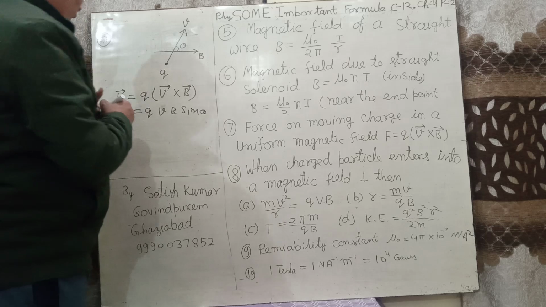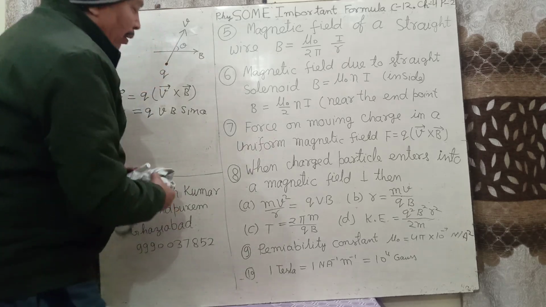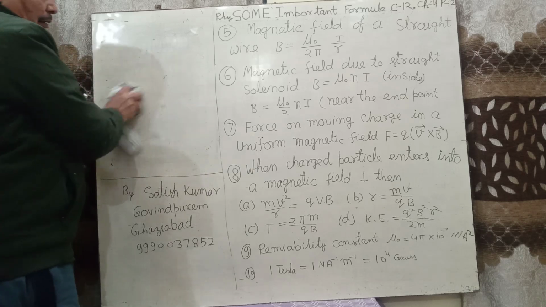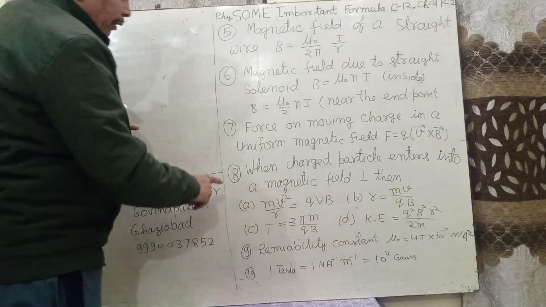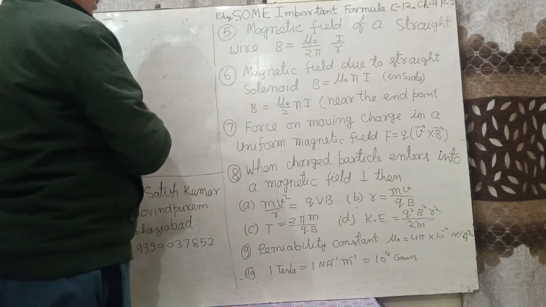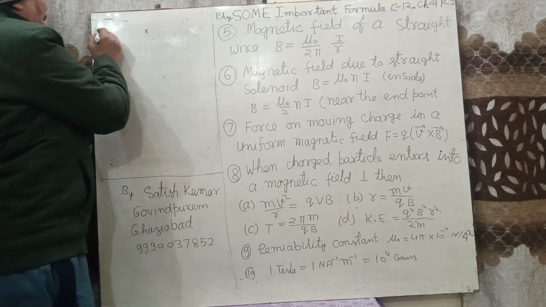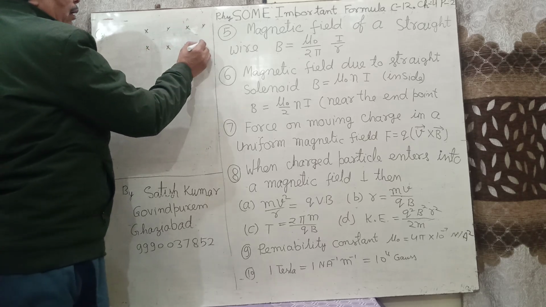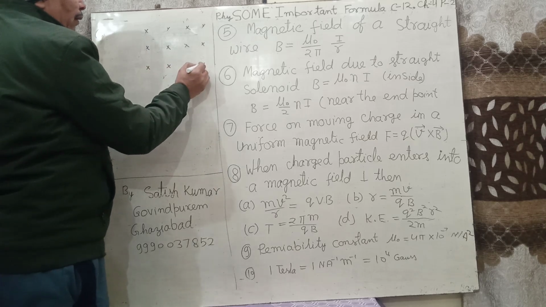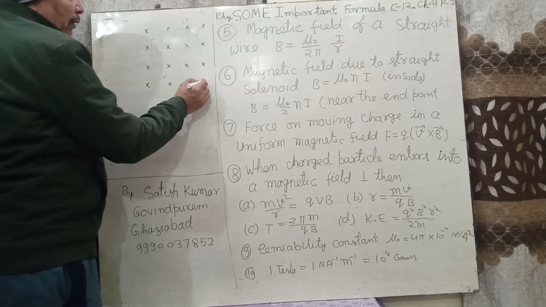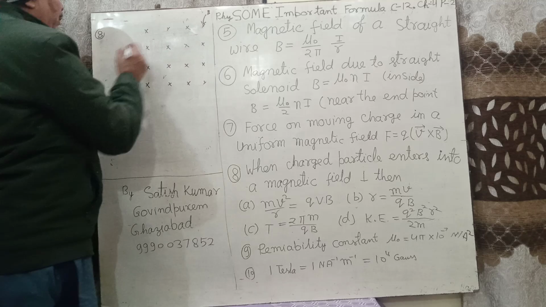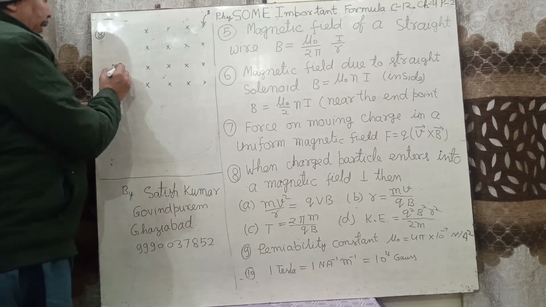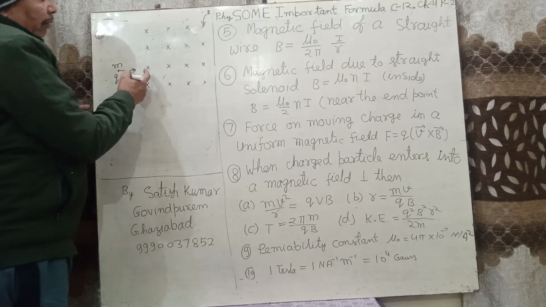Now I am telling you formula number 8. Formula number 8 is when a charged particle enters a magnetic field perpendicularly. Suppose this is the magnetic field B. A charged particle whose mass is m and charge is q enters perpendicularly with velocity v.